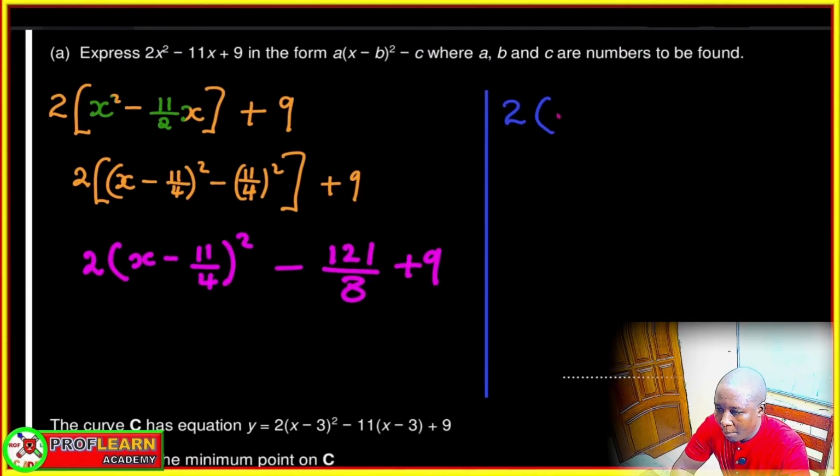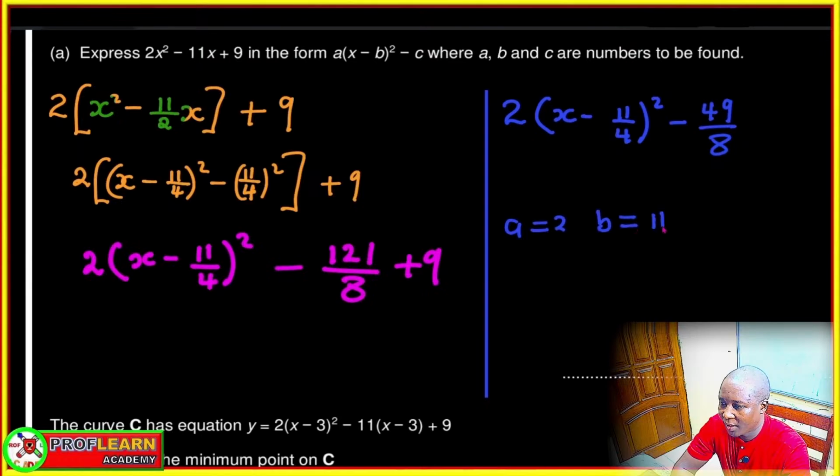So upon adding 9 minus 121 over 8, this is simplified to minus 49 over 8. So which means our A is 2, our B is negative 11 over 4, and our C is negative 49 over 8.